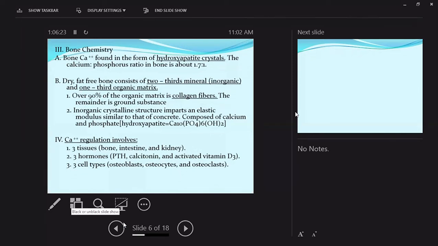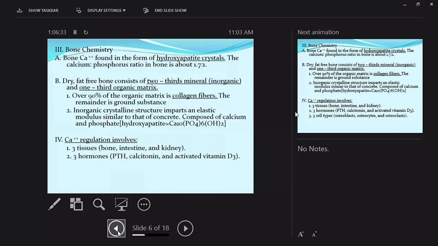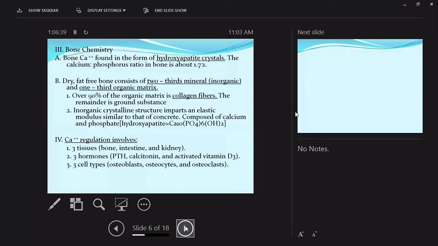Calcium is regulated in the kidneys, okay? You had this lecture when you took up your kidneys in your genitourinary tract, okay? So this is absorbed in your proximal tubule, your loop of Henle, and your distal tubules.